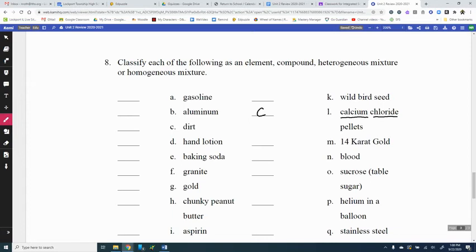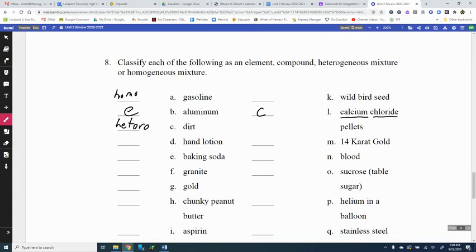Okay. So gasoline, that is a mixture. You cannot see the different parts. So that is a homogeneous mixture. Aluminum is on the periodic table of elements. So that's an element. Dirt, that is a mixture, and you generally can see the different parts of dirt, so that is hetero.